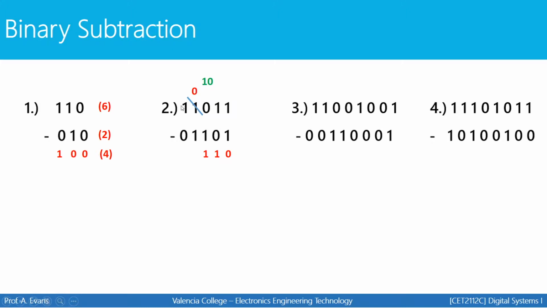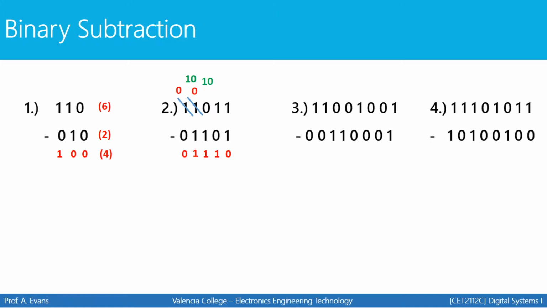So we're going to go to the next column over, cross it out, decrease it by 1, so this column will now be 0. And then the column that receives the borrow goes from 0 to 1, 0. So now we have 1, 0, which is 2. 2 minus 1 is 1. And then we have 0 minus 0, which is 0.